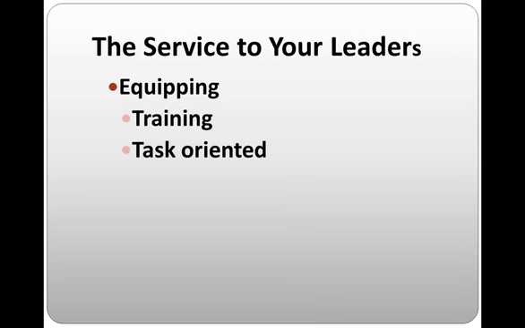The third step is for the leader to observe while the trainee performs the task. And the last step in the process is for the trainee to perform the task by himself with the leader excluded from it. He's only observing. He's not joining. And so you have to equip them. Teach them the ministry they're wanting to oversee and how they lead it.